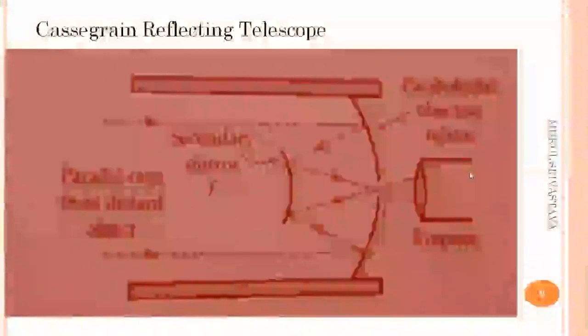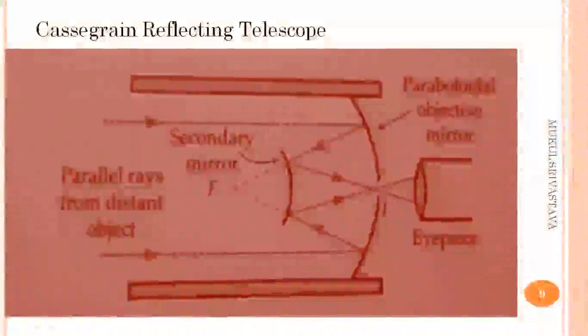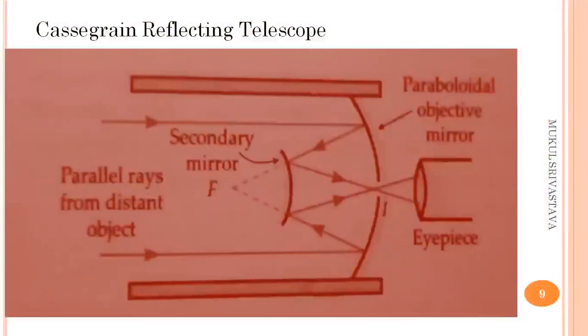Now we talk about the Cassegrain reflecting telescope. It consists of a large concave paraboloidal primary mirror having a hole at its center. You see that this is the paraboloidal mirror with a hole at its center. There is a small convex mirror near the focus of the primary mirror, that is, the paraboloidal objective mirror here.